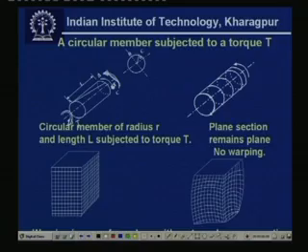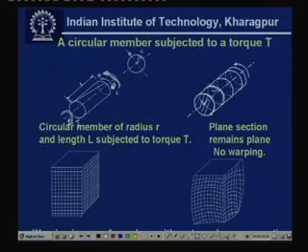So, we can see that a face will change from this place to this place, that means the plane section remains plane. Suppose there are several circular planes. If we consider from this side to this side, this plane will rotate with respect to this plane just as in a rigid body, a simple sliding takes place, and there is no distortion, meaning the diameter of the shaft remains the same, just like a plane it rotates.